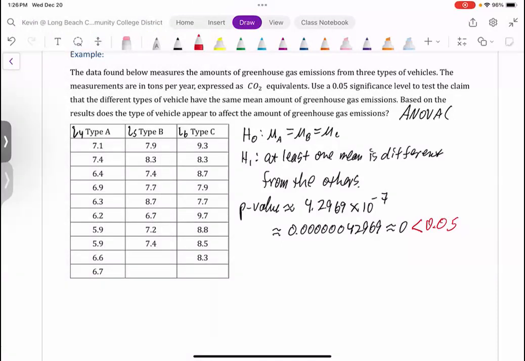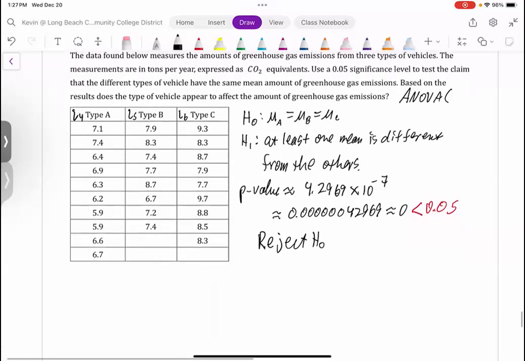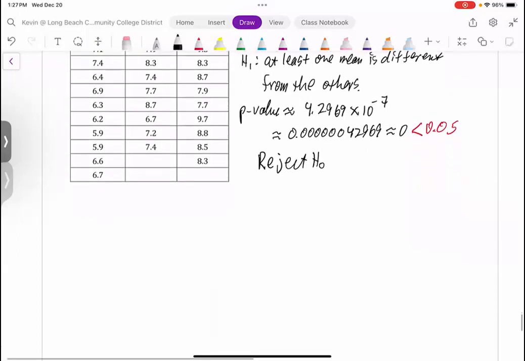So what's our conclusion? We're definitely going to reject the null hypothesis in this case. Which means we're going to support the alternative hypothesis.